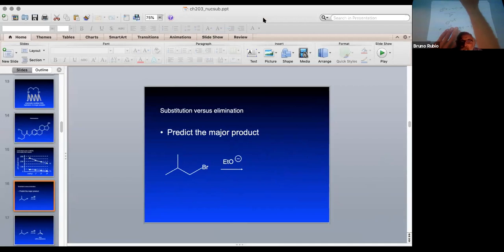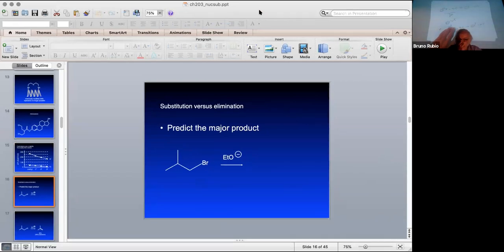Okay, predict the product. The slide is headed substitution versus elimination, right? So what's going to happen here? Is this going to be substitution or is this going to be elimination?